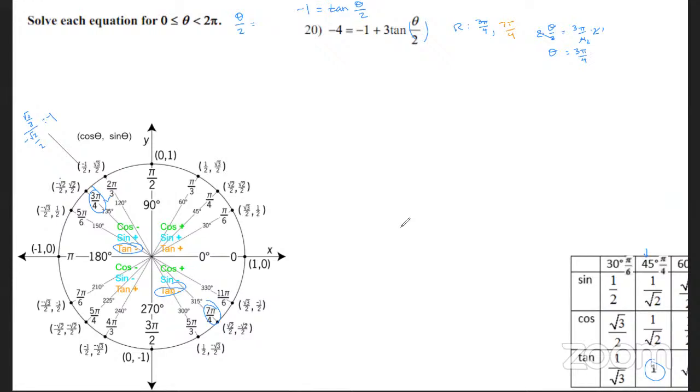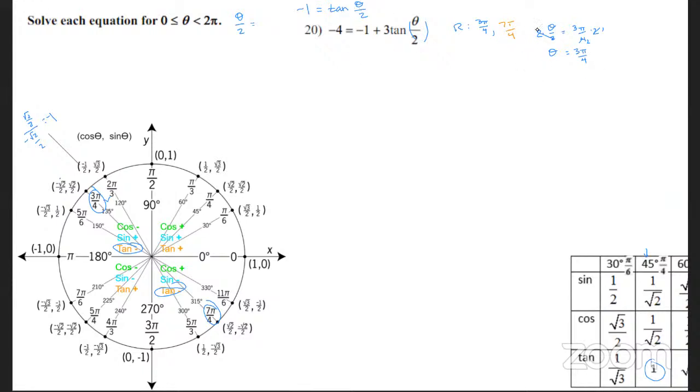Oh, I guess I didn't put number 16 in here. I was thinking 16 is the one with lots and lots of answers. This one, we're almost done. All right, so 3 pi over 4.